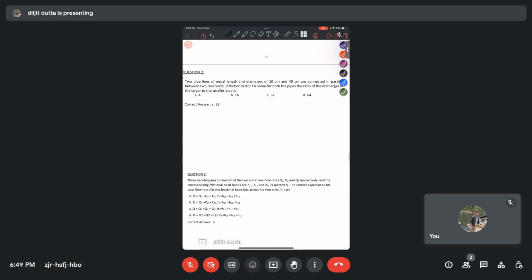The next question is: two pipelines of equal lengths, L1 is equal to L2, D1 is equal to 10, D2 is equal to 40, connected in parallel between two reservoirs. If the friction factor F is the same for both the pipes, the ratio of discharges in the larger to the smaller pipe is? F1 equal to F divided by L1. F2 will be.